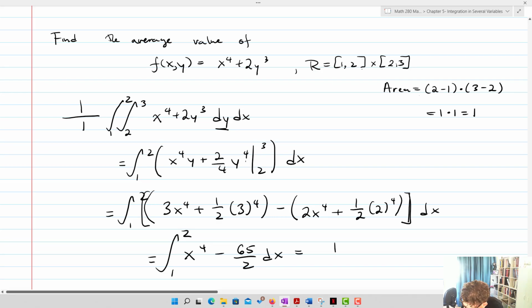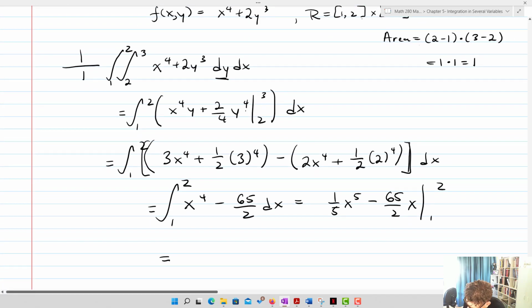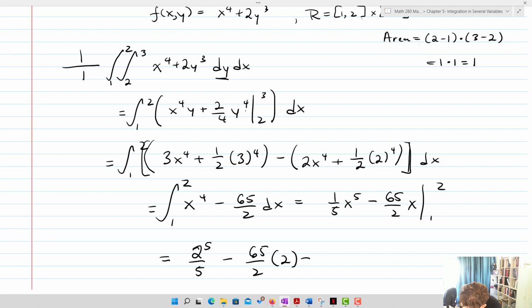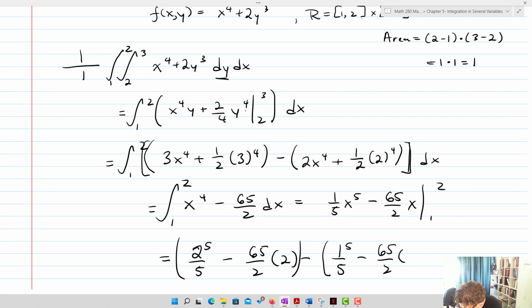This will then equal 1/5 x to the fifth minus 65 over 2 x, from 1 to 2. So this is going to be 2 to the fifth over 5 minus 65 over 2 times 2, minus 1 to the fifth over 5 minus 65 over 2 times 1.